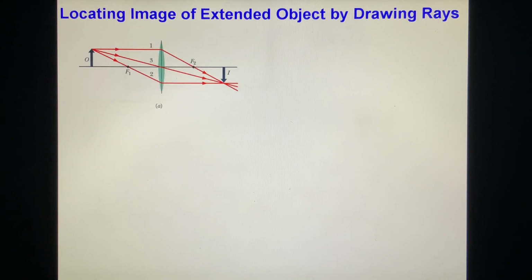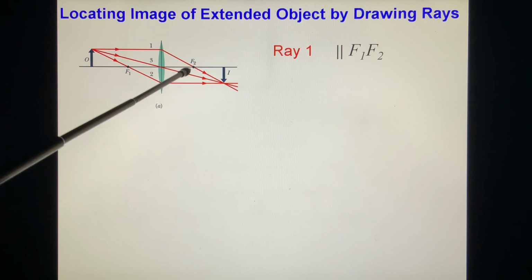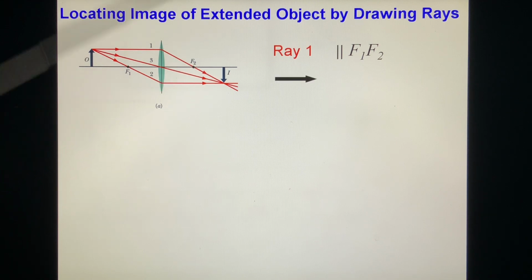Locating the image of an extended object by drawing rays. We can also locate an image by drawing rays. We have 3 rays to draw. The first one, ray 1, is parallel to the central axis. After the refraction, it passes through the focus F2.